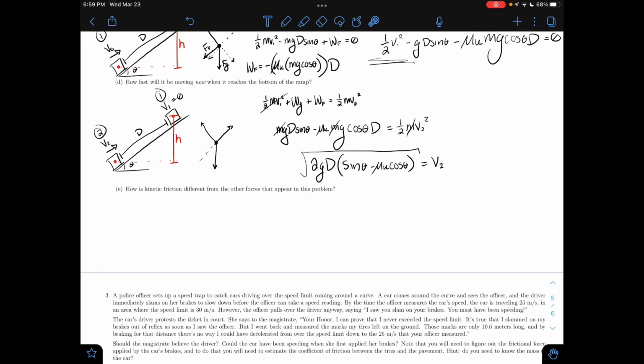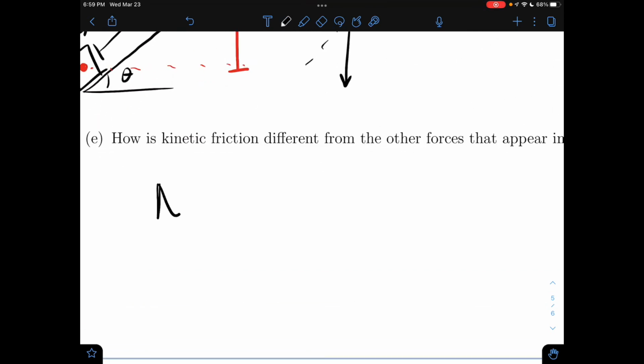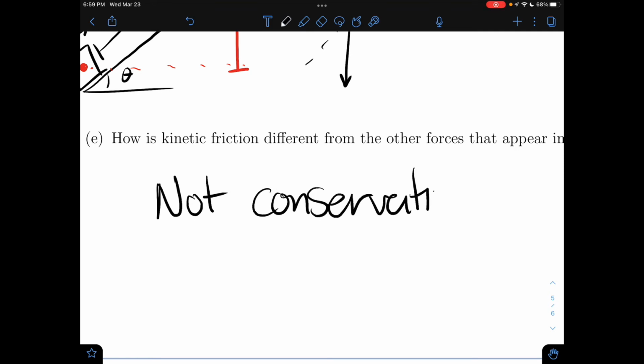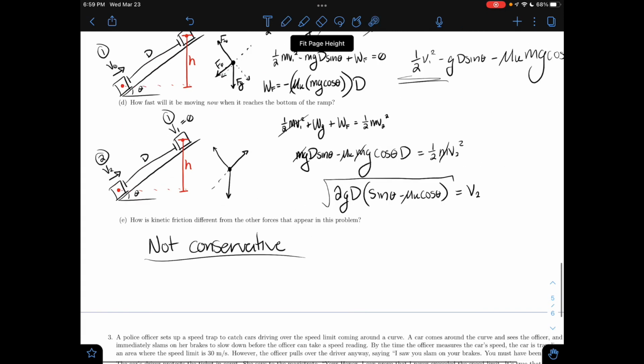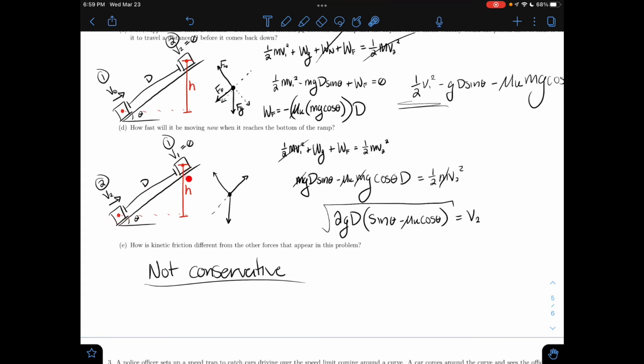Right? The kinetic friction is different from other forces in the problem. We call that, it's not conservative. Right? It's not a conservative force. It means that we can't just look at the initial state and the final state, right?